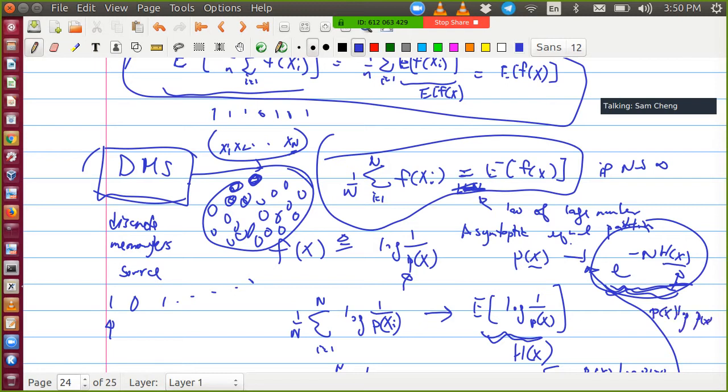So p(x) is basically the distribution of that source. Or maybe I use base 2, if the unit is bits here. But anyway, that's n here.